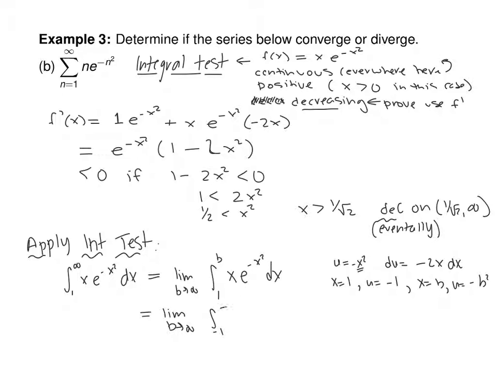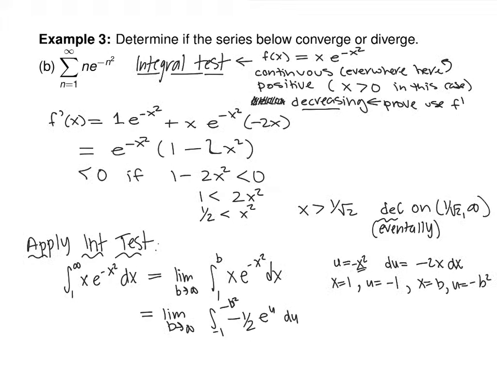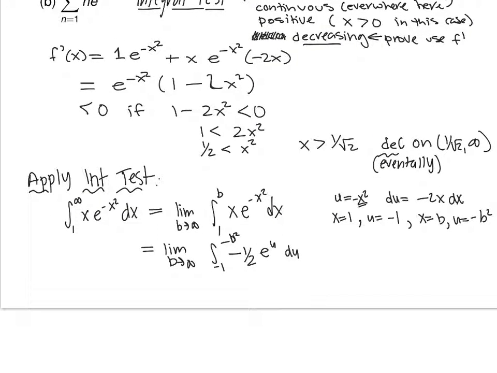So negative 1, negative b squared, negative 1/2 e to the u du. Technically negative b squared is a smaller number than negative 1, so let's flip this around. Make this positive 1/2 the integral from negative b squared to negative 1. You don't have to do that if you don't want to, but I think it's helpful.